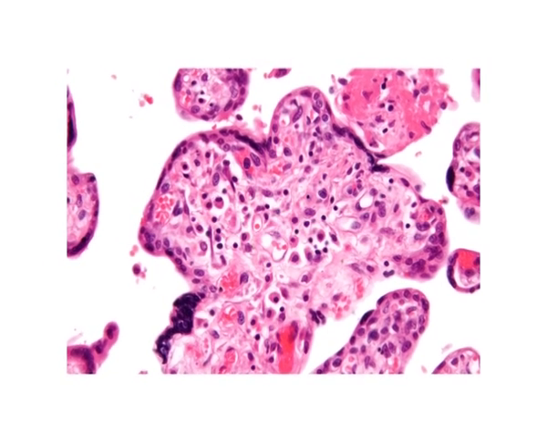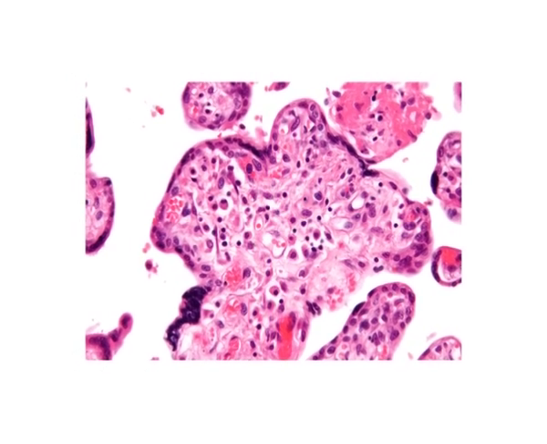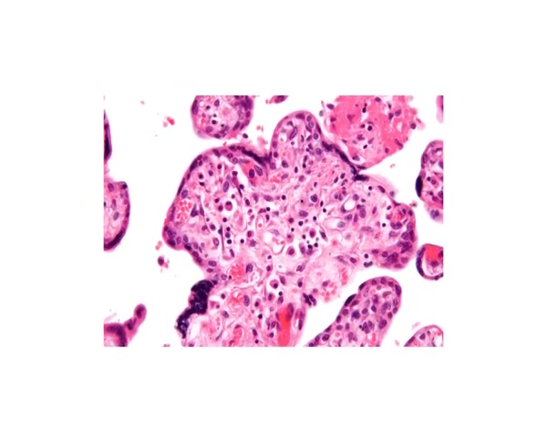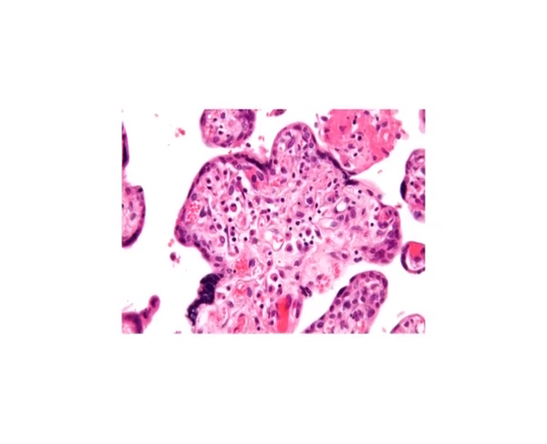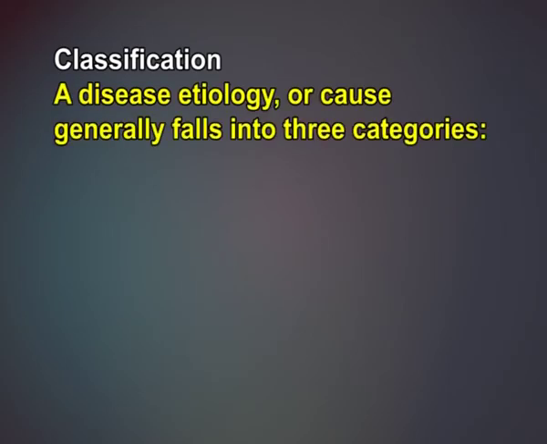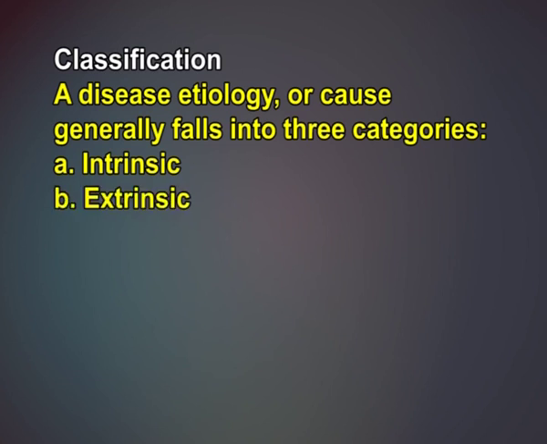As part of the etiology of a respective disease, only causes that directly initiate it are considered. Second, classification. A disease etiology or cause generally falls into three categories: A, intrinsic, B, extrinsic, and C, idiopathic.